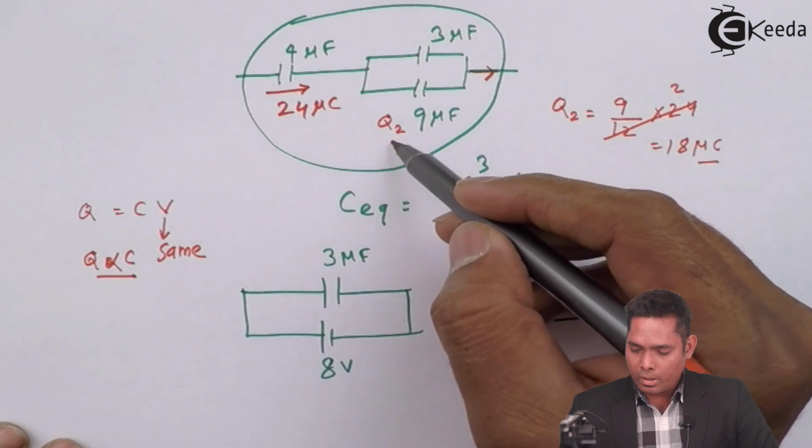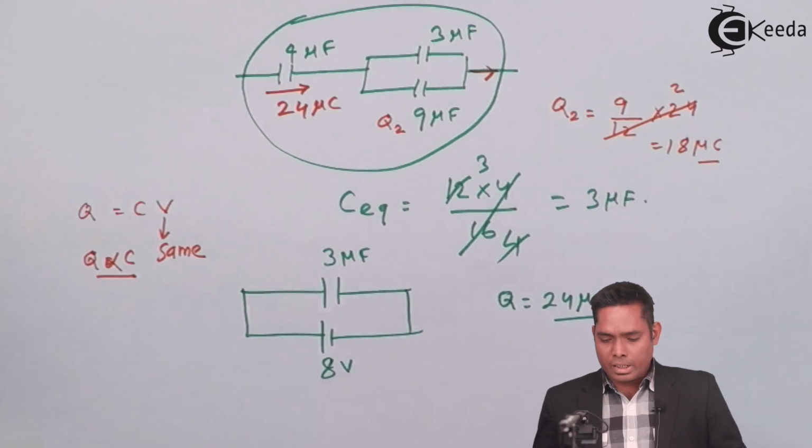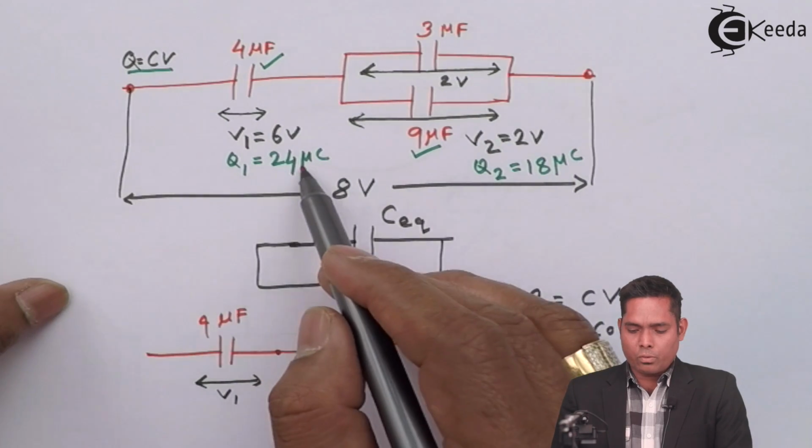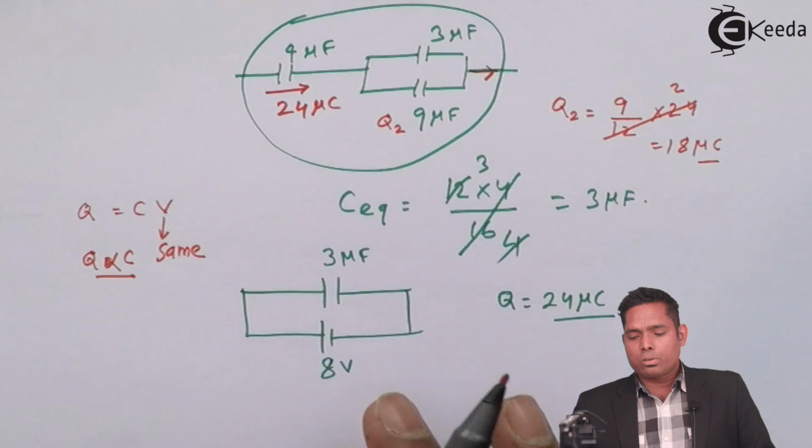Previously also we got 18 microcoulomb and 24 microcoulomb. So that will lead to the same answer.